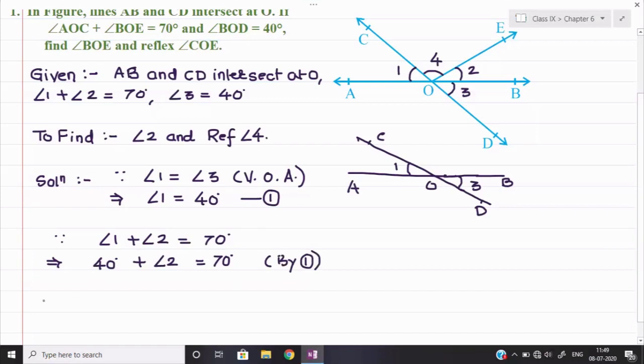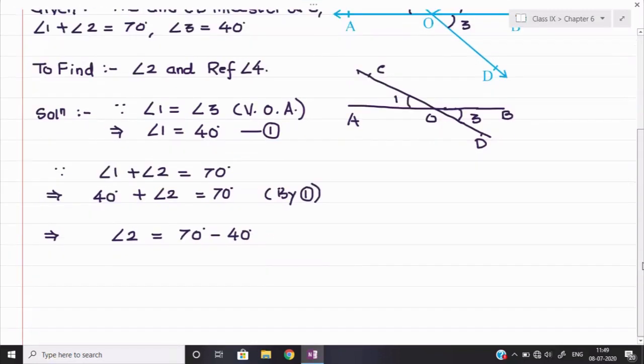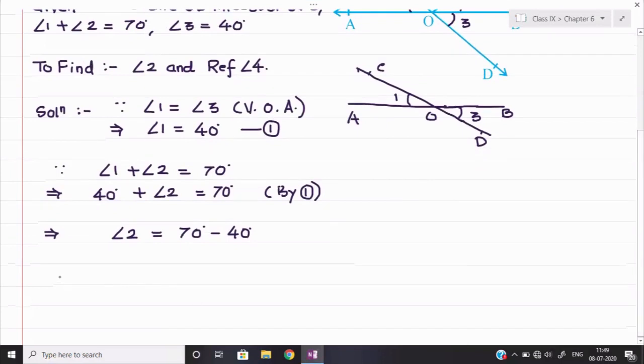Okay, now 40 will go on that side. It will become minus. So angle 2 will be equal to 70 degree minus 40 degree. So the value of angle 2 is coming here 30 degree. That is your first answer. You can say that angle 2 will be equal to 30 degree. Okay, see students, this is only the first answer we were required in the question. So this way we can achieve the first answer.